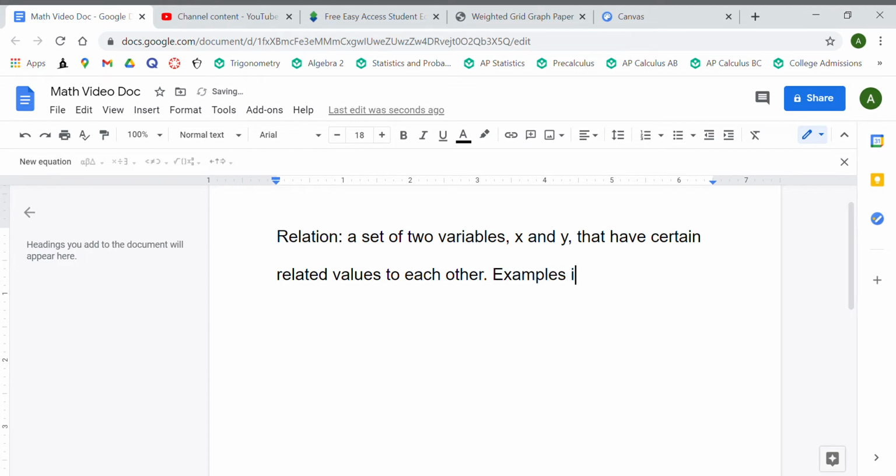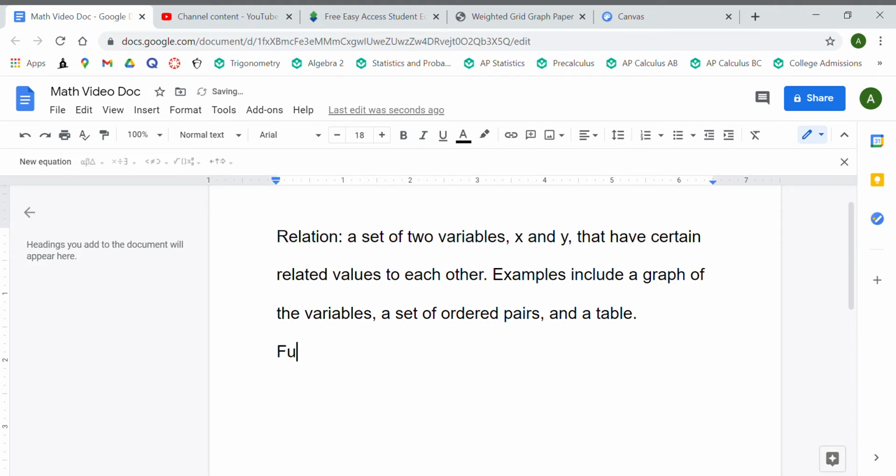Examples include a graph of the variables, a set of ordered pairs, and a table. So that's what you're all going to see in this lesson. All of them are relations.